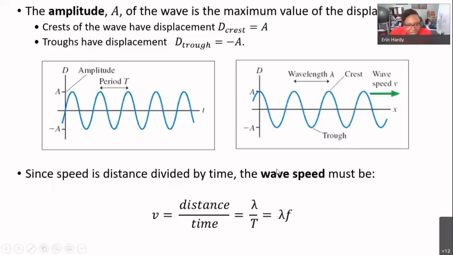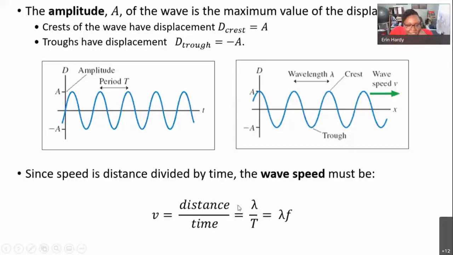We saw in our practice problem that the speed of a pulse that we imagine plucking on our stretched string and then letting it propagate from one direction to the next, that speed could be described as a distance over time. That's what speed is. It has to be something that we can boil down to something this basic.